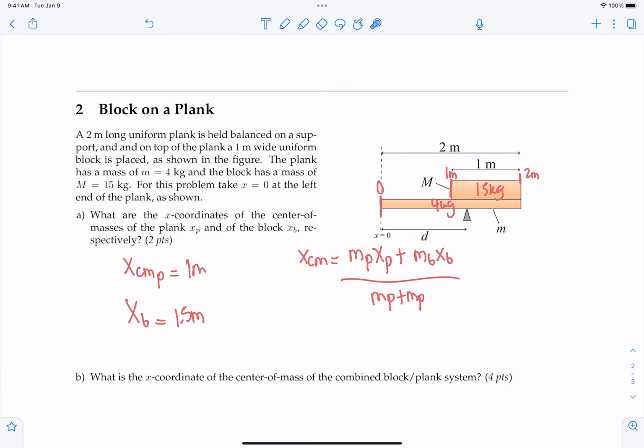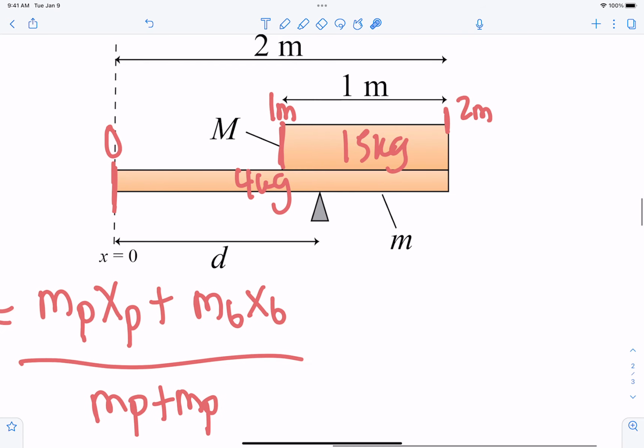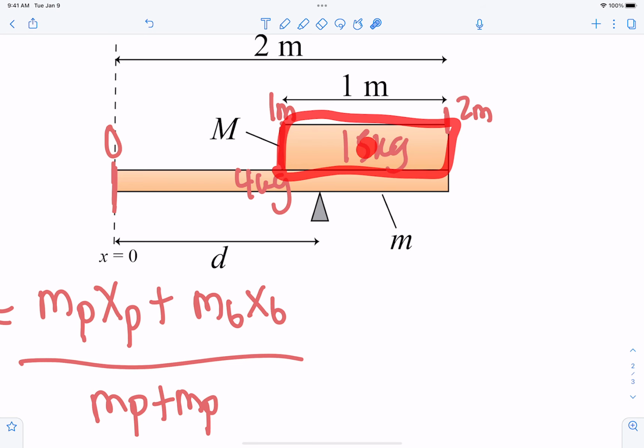But if you just want to find the center of mass of an object alone, right? Then you would have to look at its position relative to the starting point right here. You know that its center of mass is going to be 0.5, because this block here is 1 meter long, so its geometric center is 0.5 meters.